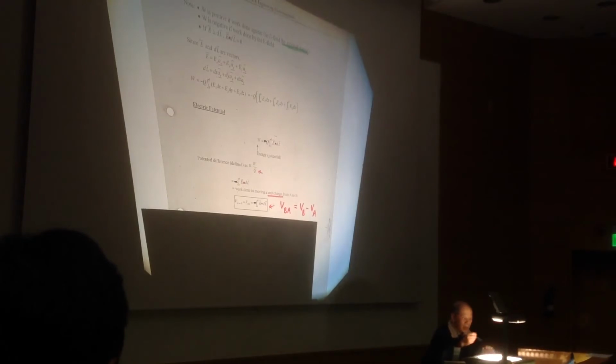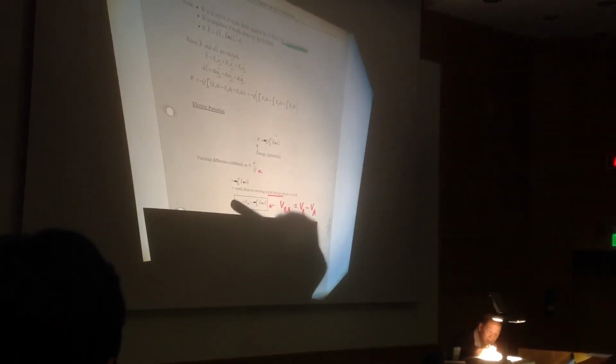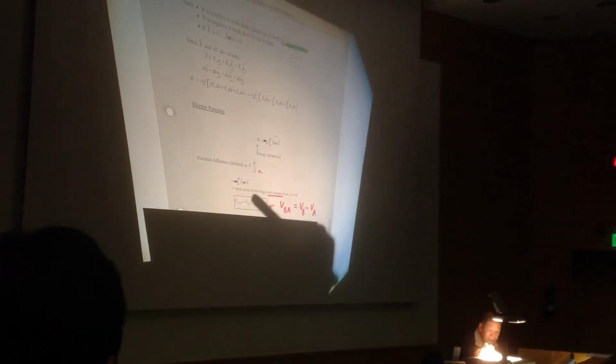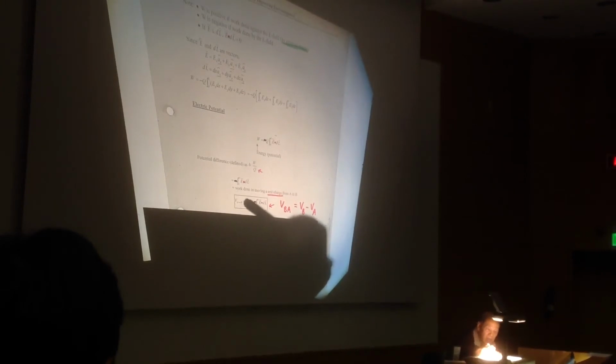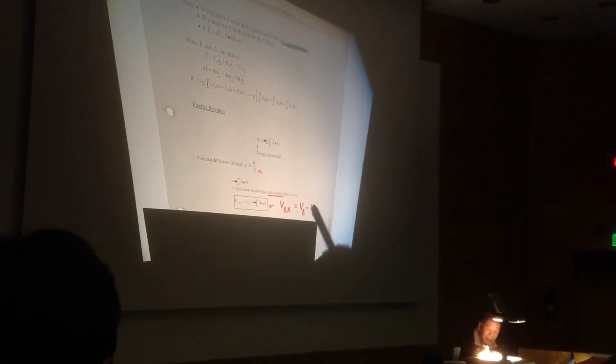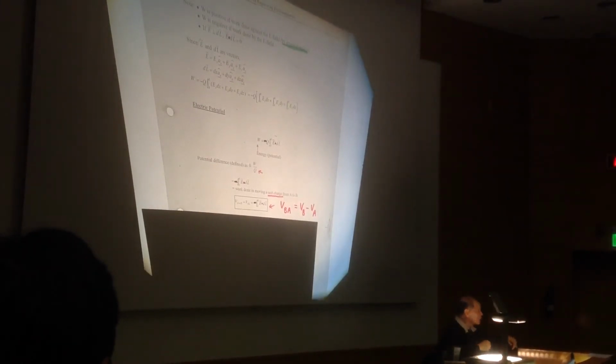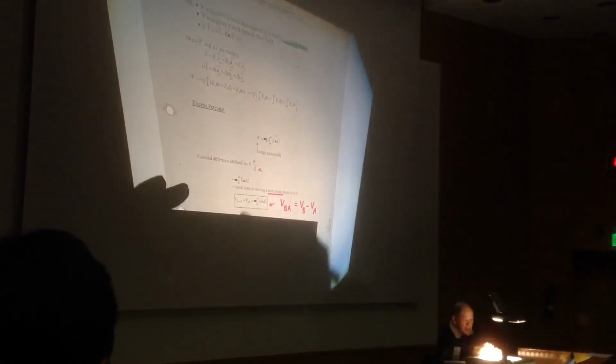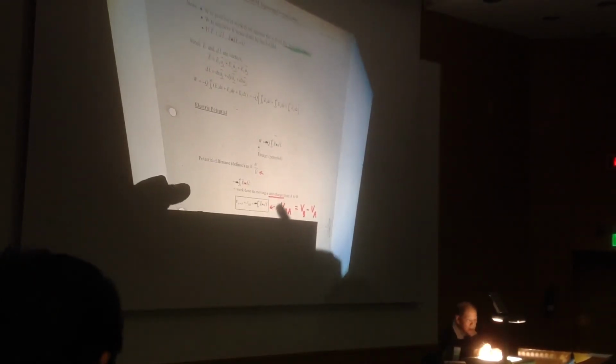You take the charge from A to B, and do the work. This means the potential of B with respect to A, VB minus VA. Like gravity, I go top to bottom, the difference. This is minus integral A to B, E dot dl.